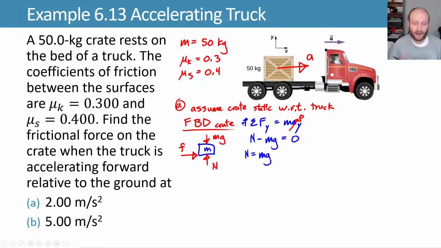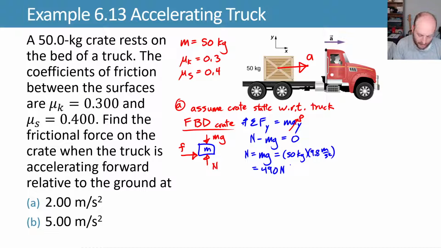That's often the case, but not always. For example, if we had some other force or some strap tying this down, we would have more normal force than just its own weight. But here, it's just its own weight, so we can plug in the 50 kilograms times the 9.8 meters per second squared, and we end up with a normal force of 490 newtons.